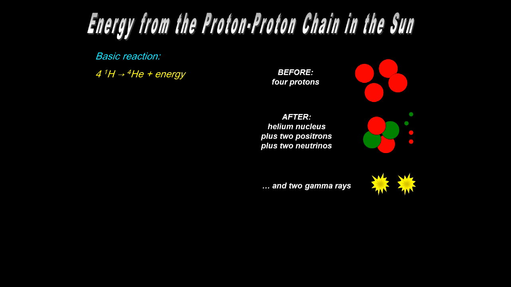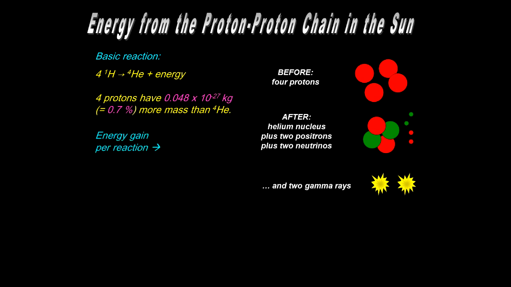That's the overall result of this process. Well, 4 protons turn out to have a little bit more mass. There's a little bit more mass here than there is here. In fact, it's 0.7% more. So the mass difference is a little bit. The mass has literally disappeared.